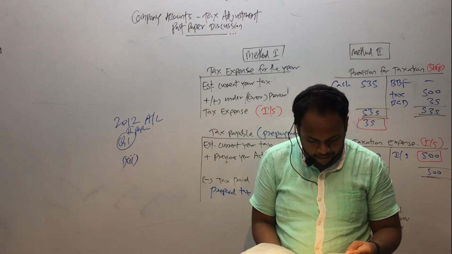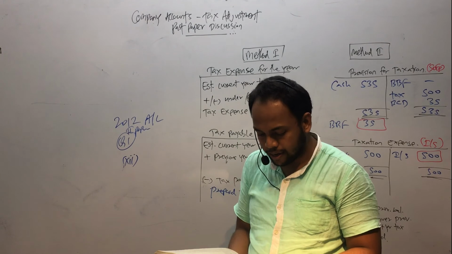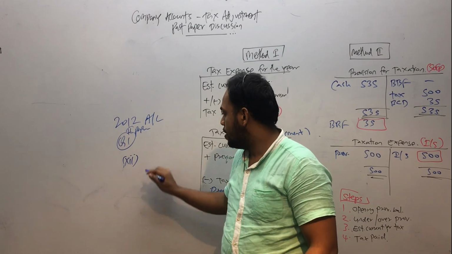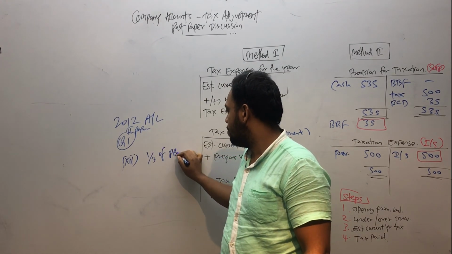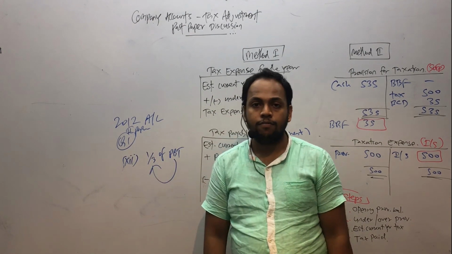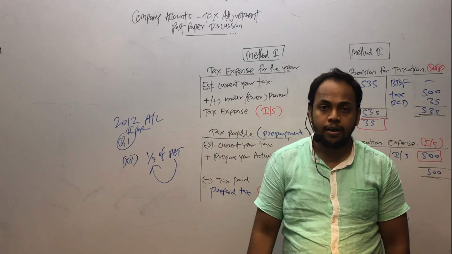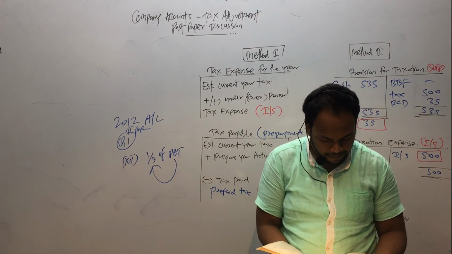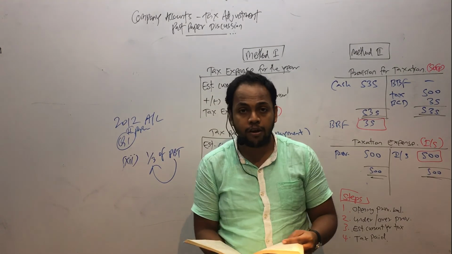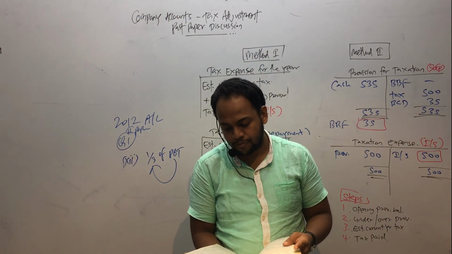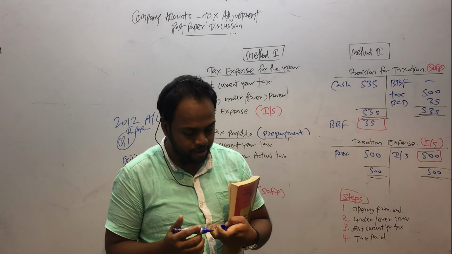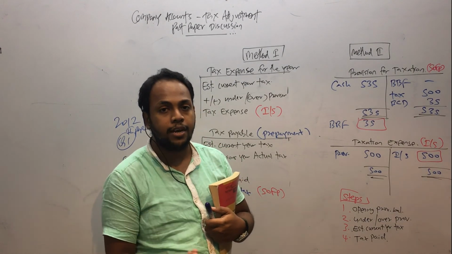It says it has been estimated that the income tax for the year ending 31st March 2012 is 1/3 of the profit before tax. So you just have to calculate 1/3 of the profit before tax, and there is no paid amount, therefore the entire 1/3 of profit before tax is payable. So those are the adjustments related to tax, and that's how the examiner checked the taxation adjustment.